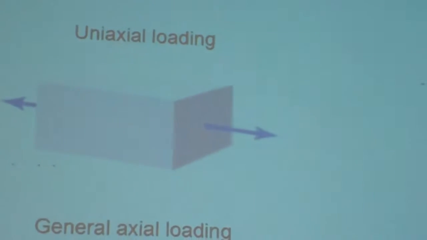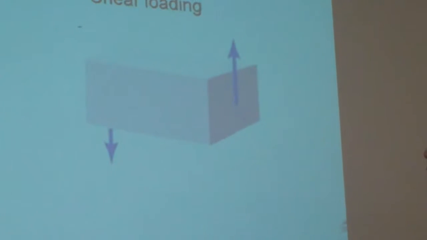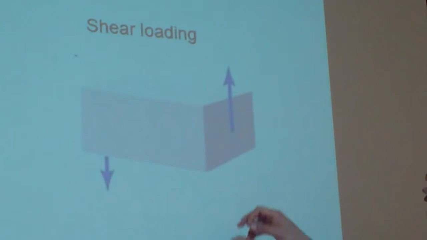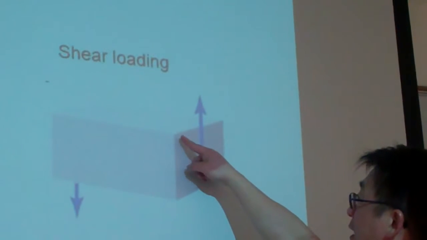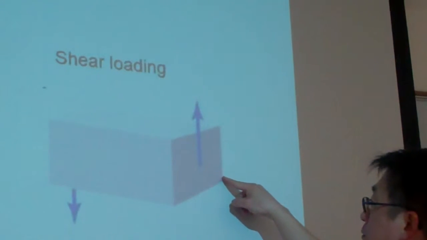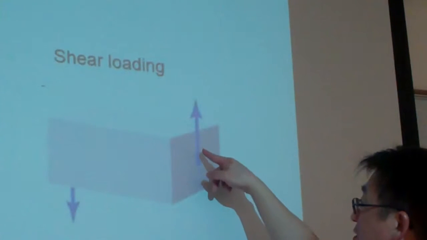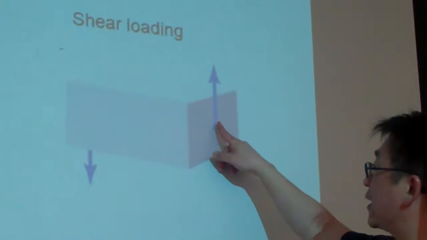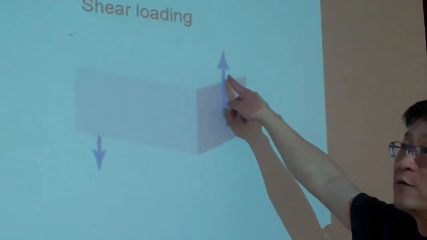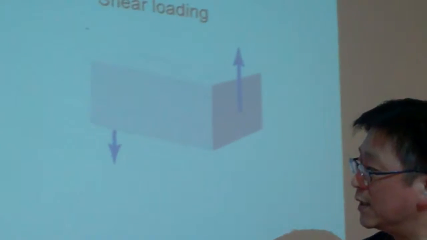That is the best way to distinguish what the shearing stress or shear loading is: identify the cross section of interest, and if in that cross section you find any force component that is parallel to it, then that force will be classified as shear.